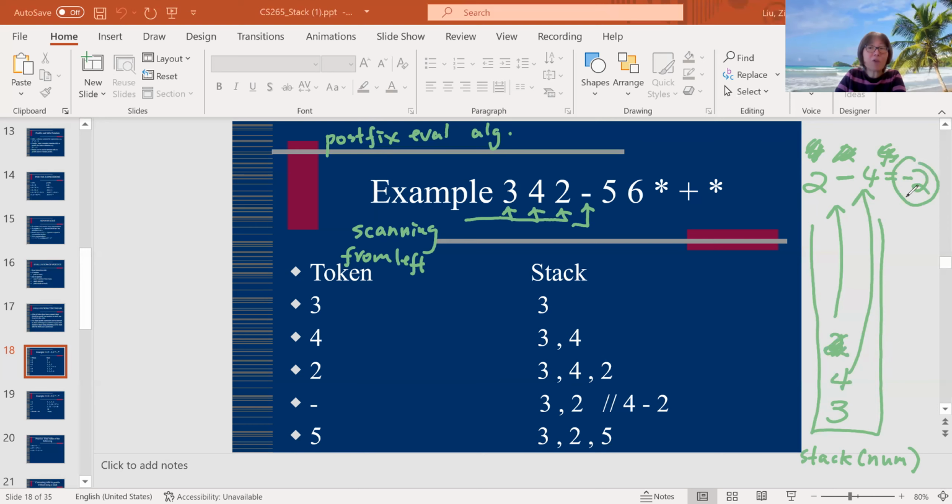And then we needed to push this -2 back to the stack. Okay, so I'm going to push it back to the stack. So it's 3 and -2. Okay, so let me do the clearing.